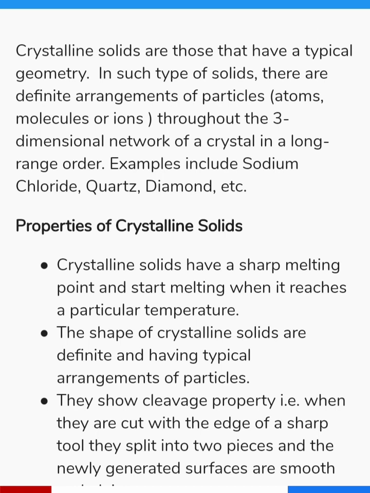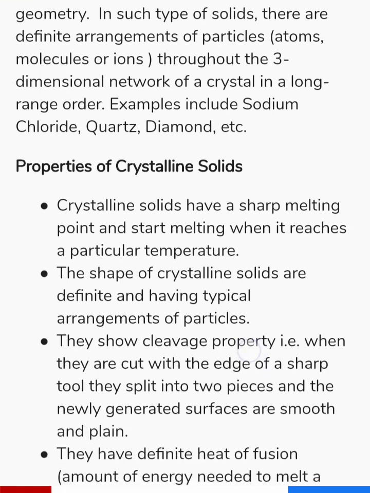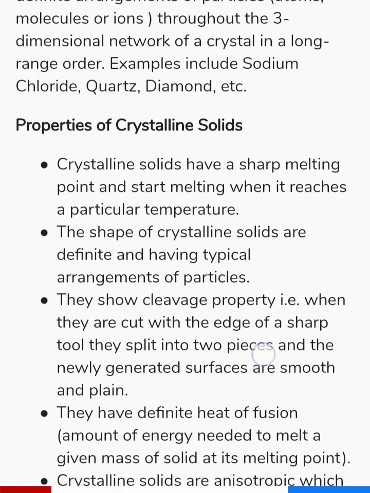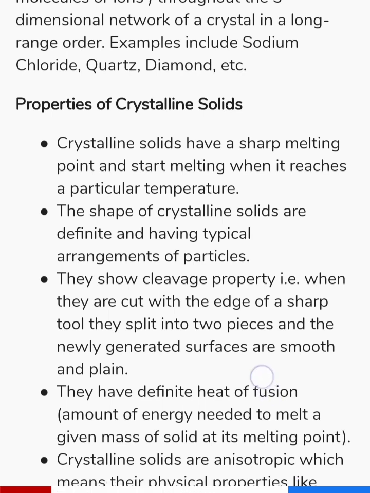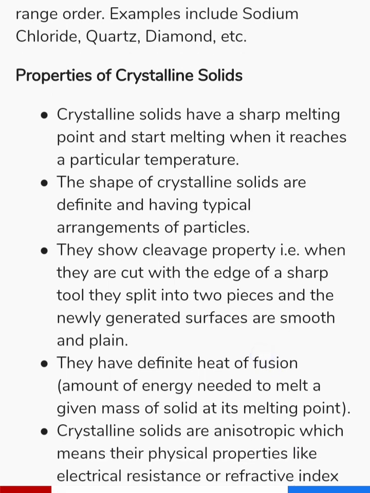In such solids, there is a definite arrangement of particles, atoms, molecules, or ions throughout the three-dimensional network of a crystal, and a long range order. Examples include sodium chloride, quartz, diamond, etc.